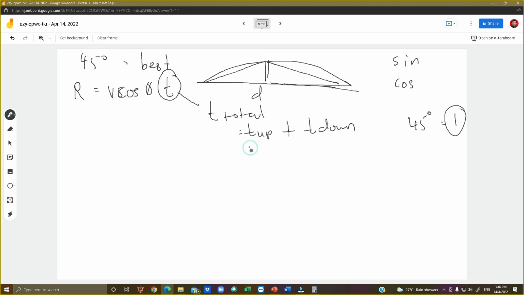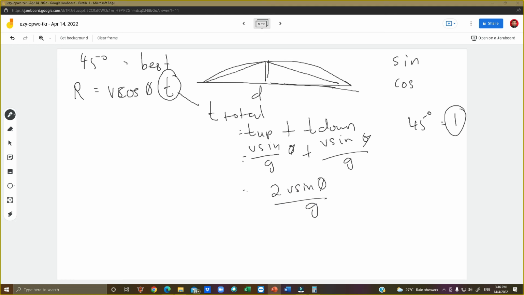So we have V sin theta plus V sin theta over G. Benda yang sama kita plus, kita akan dapat 2 V sin theta over G. Ni yang pertama. Okay, this is the first equation.